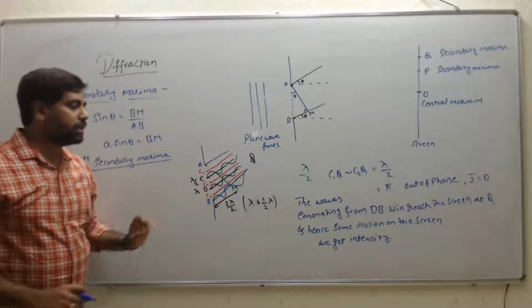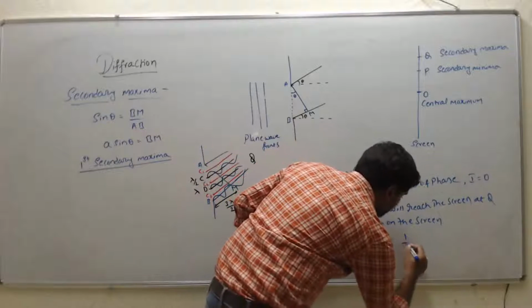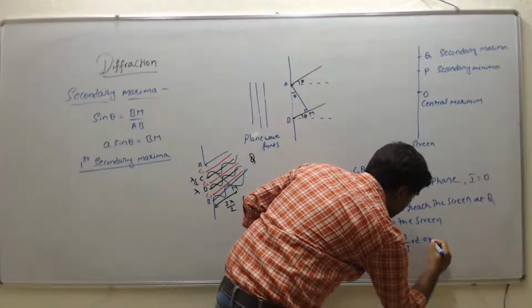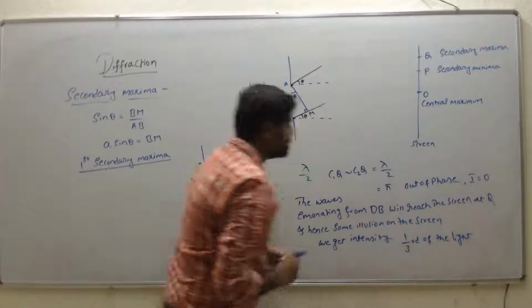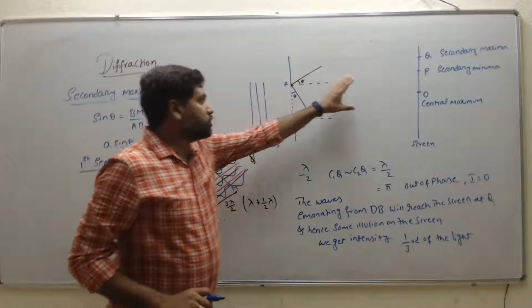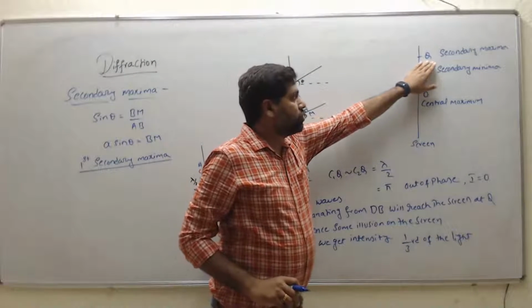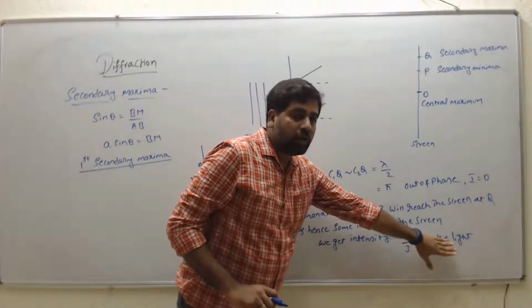That is 1/3 of the light. How much light is it? That is 1/3 of the light. The light coming from here, only one third of that light will reach the secondary maxima. Only one third of the light.